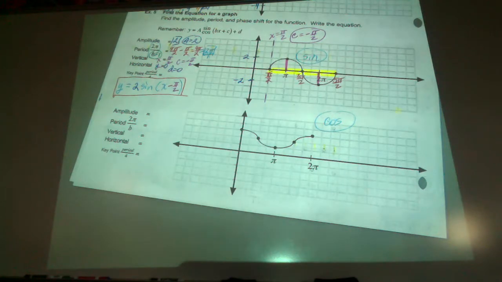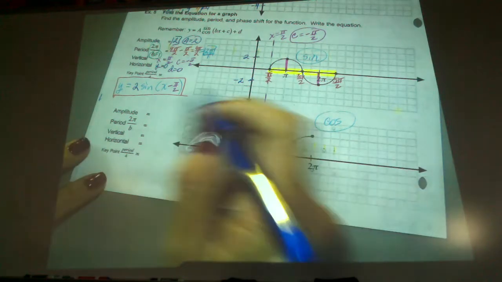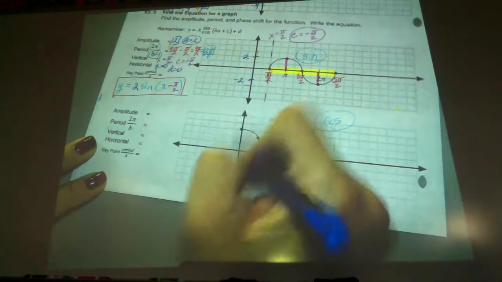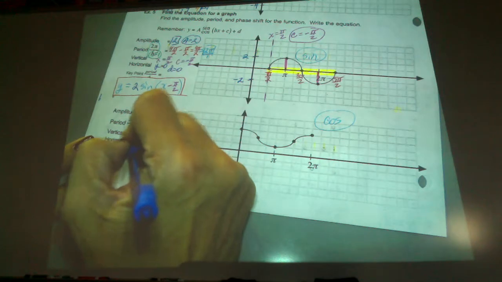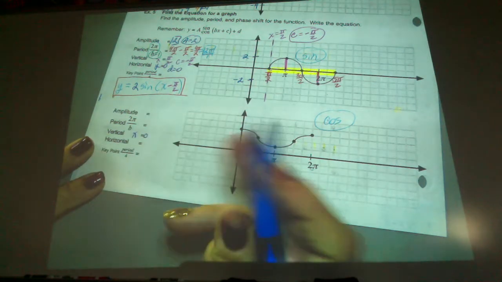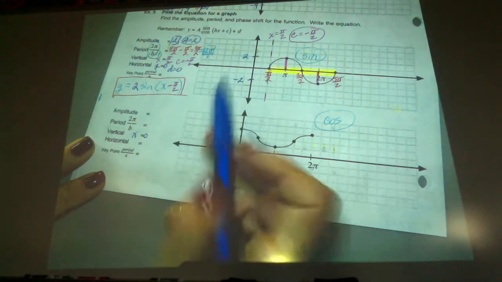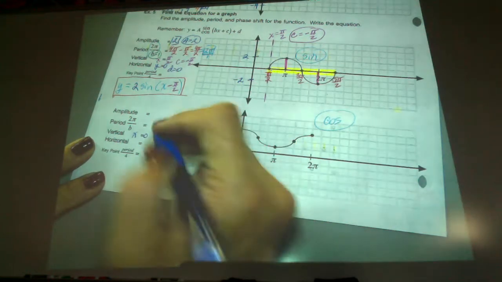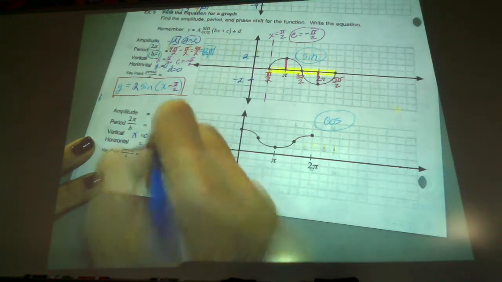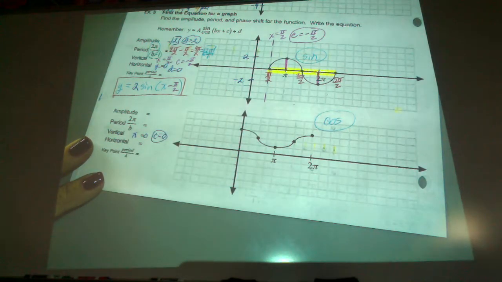All right, so it hasn't moved right or left, has it? No. So our vertical is still, it goes through the x-axis. So our vertical is x equals 0. So if that's the case, then that means that C is 0. There's no parentheses.